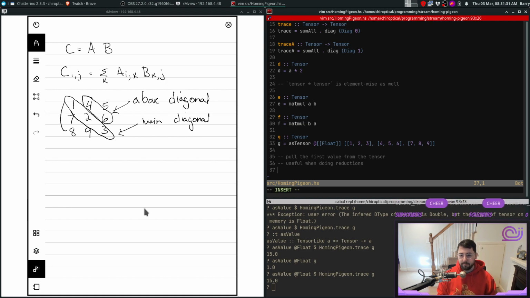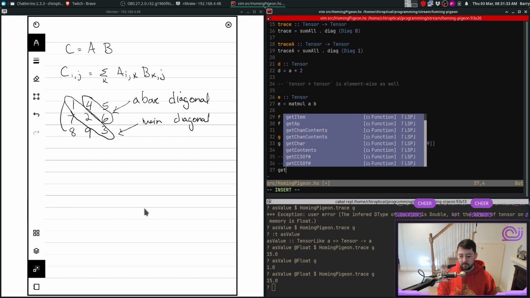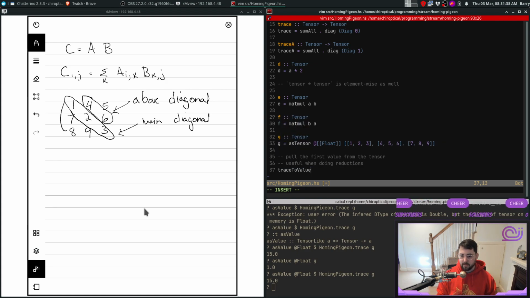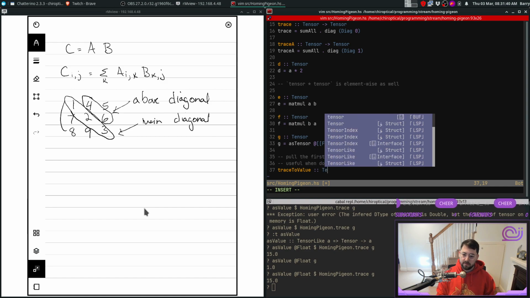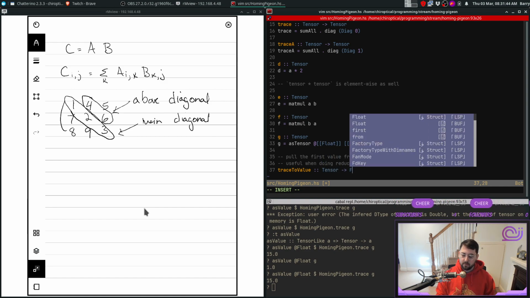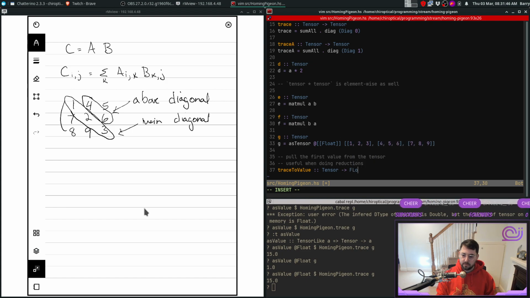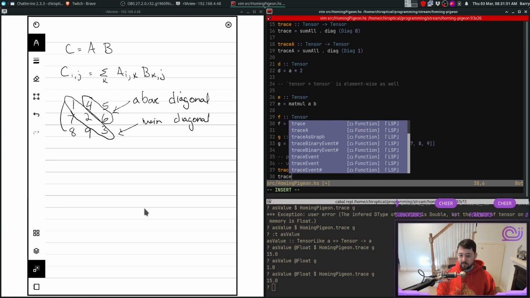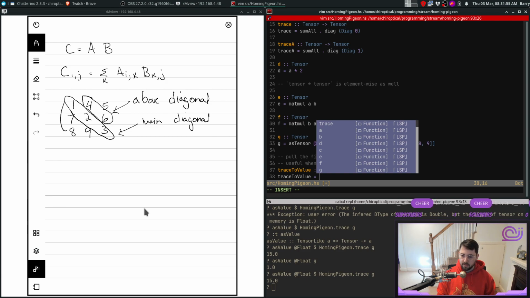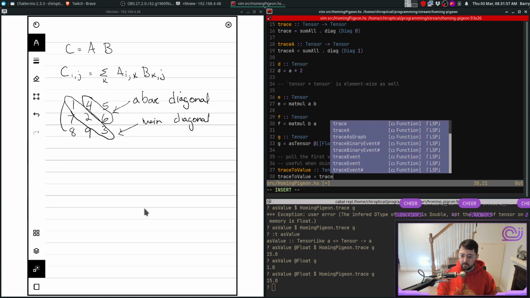So, get trace to value. We're going to take a tensor and convert that to a float in our case, because we're just using floats. So trace to value is going to be trace.